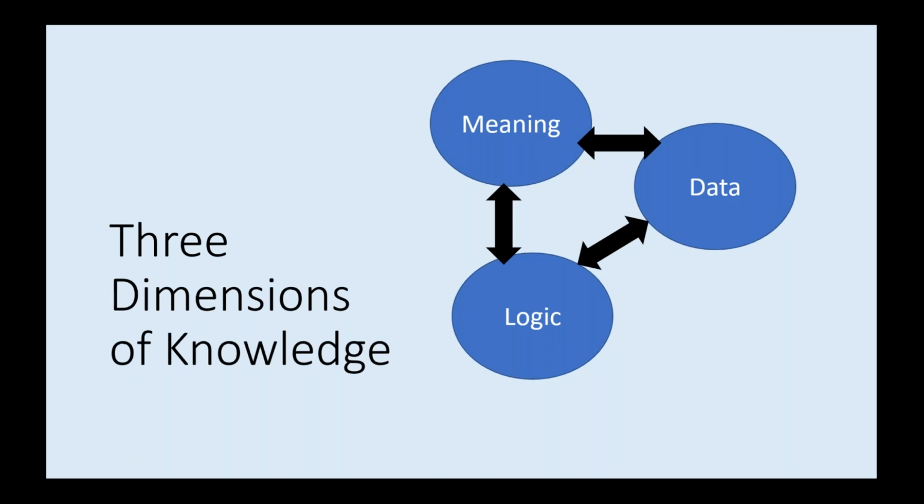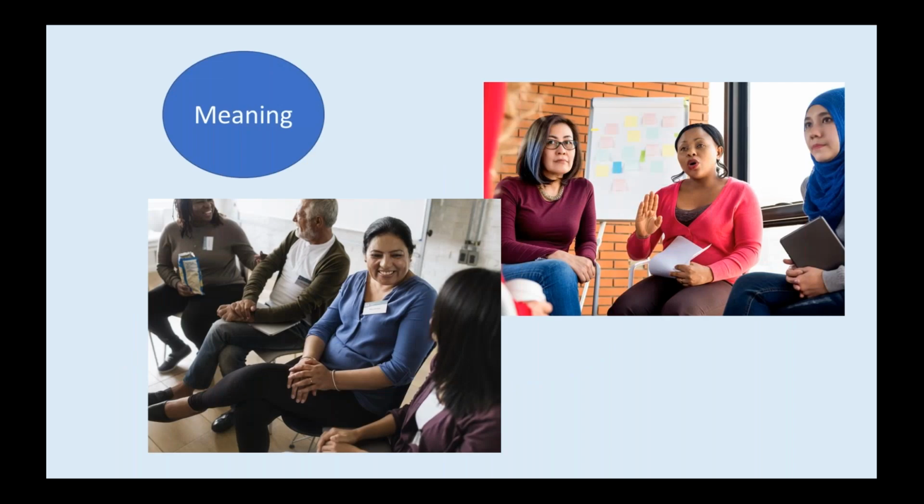Our research led us to understand useful knowledge as having three aspects or three dimensions: meaning, data, and logic. Let's look at each of these. One dimension is meaning. You want each circle on your map, each concept, each variable to be relevant and meaningful to the people involved. How can we improve the meaningfulness of our evaluations?